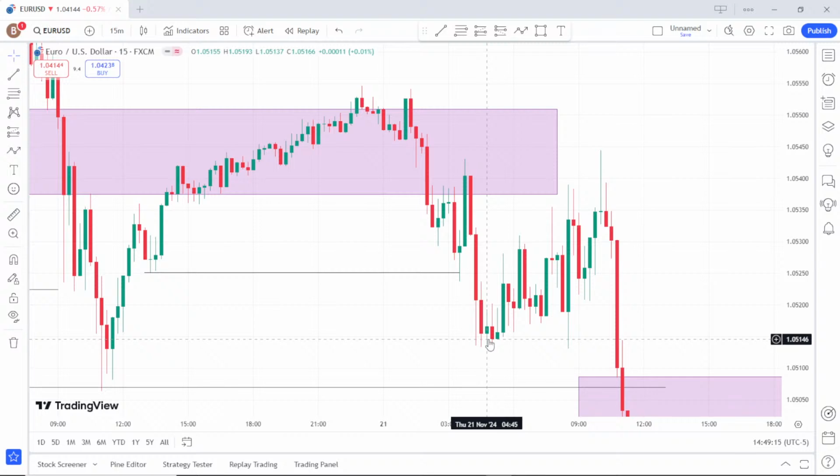Breathe that in again. Time and price. It's until when the time is right, that is when price will do what it has to do. Take it in again. It's until when the time is right, that is when price will do what it has to do.